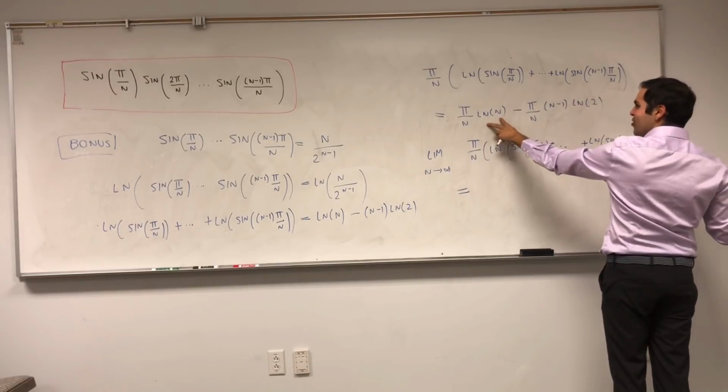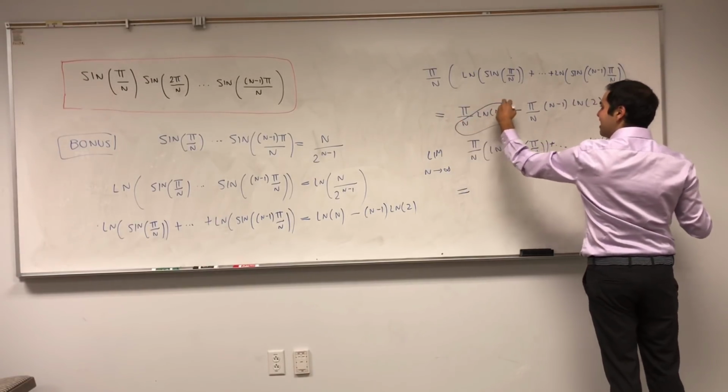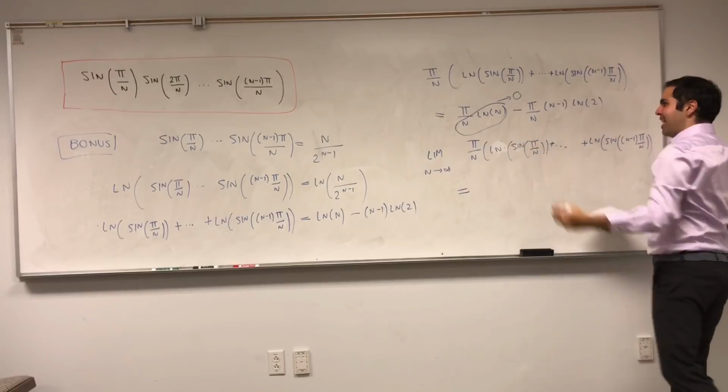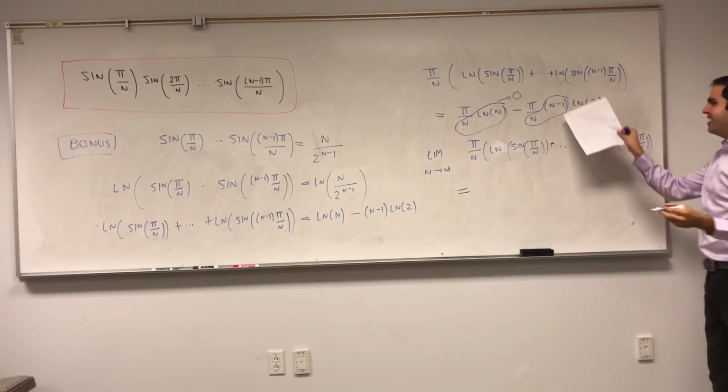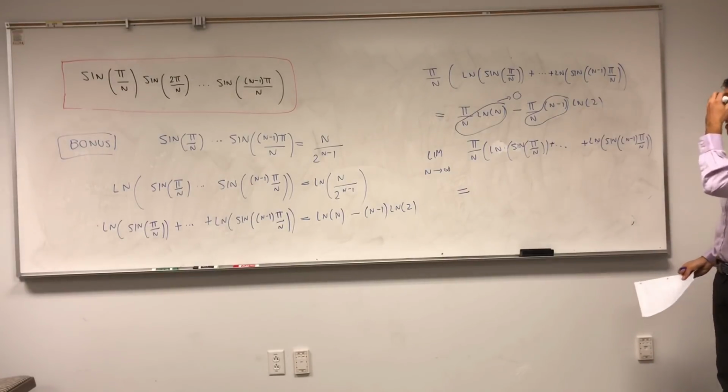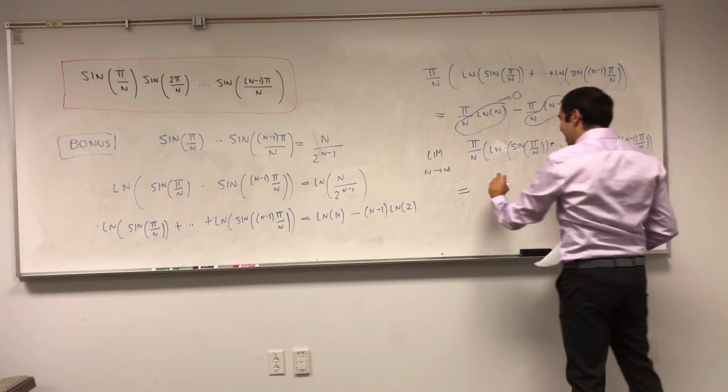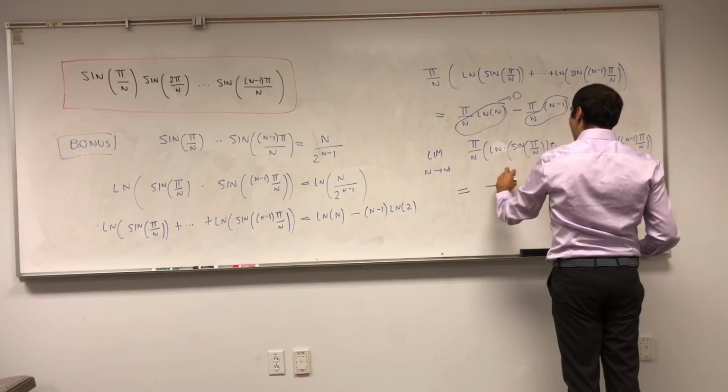That equals, well, ln n over n, which goes to 0 by L'Hopital's rule. And this thing here goes to 1, if you factor out n on both sides. And in the end, you get minus pi ln of 2.